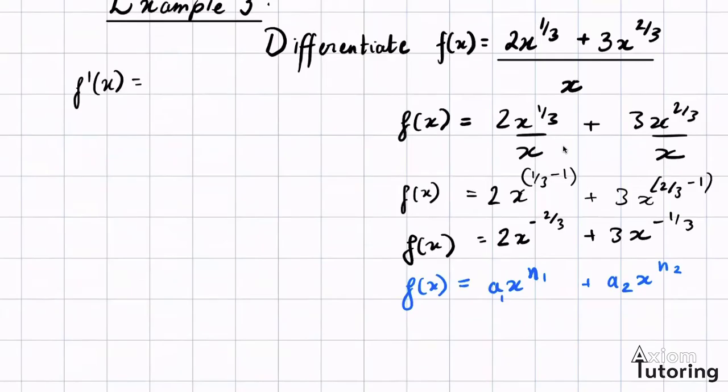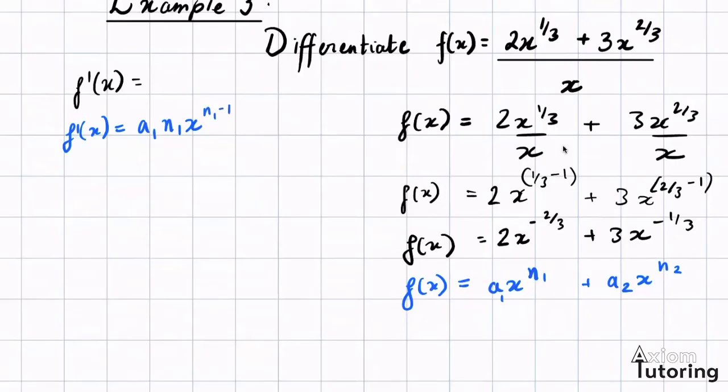So f dash of x for f of x in this form is going to be a1 remains, we bring down our n1, and then we write x to the power of n1 minus 1.